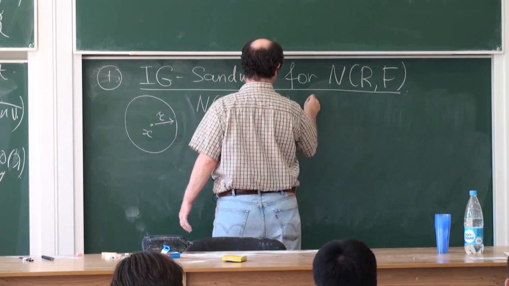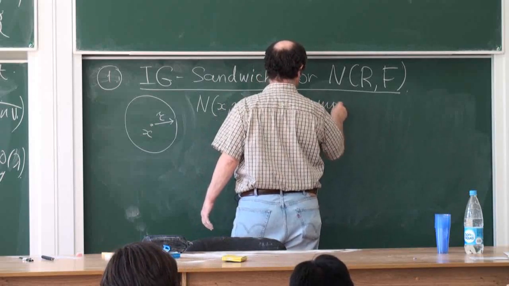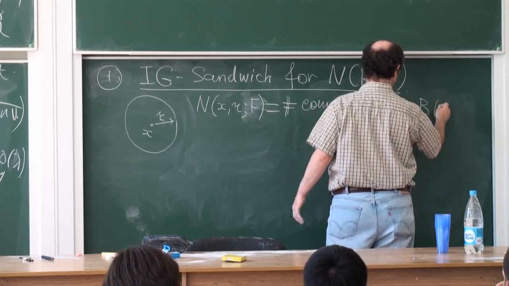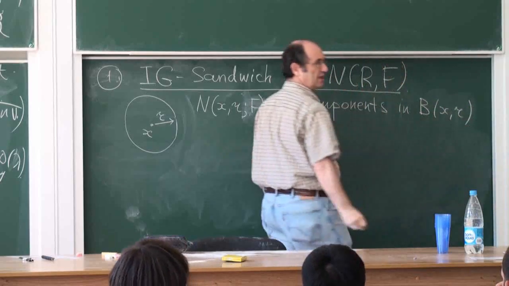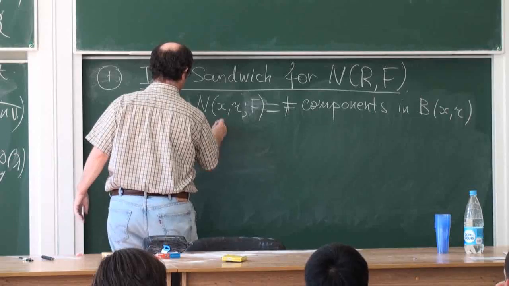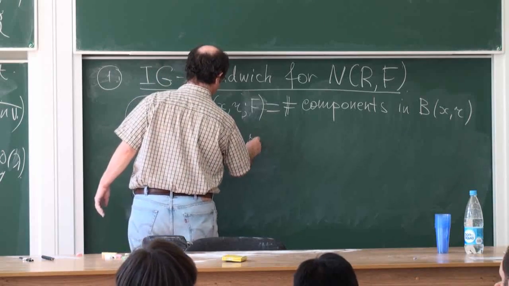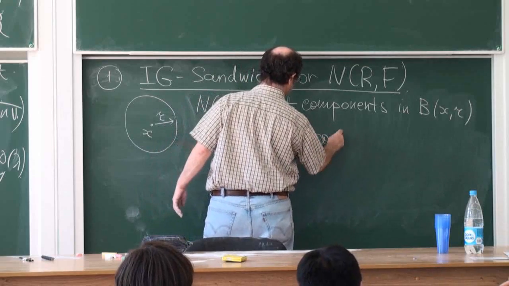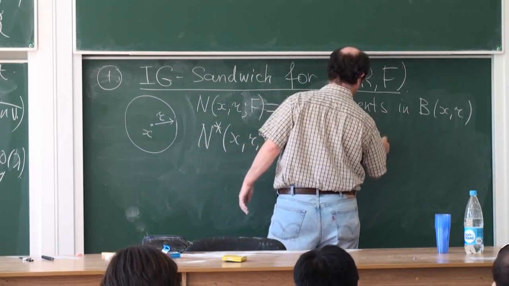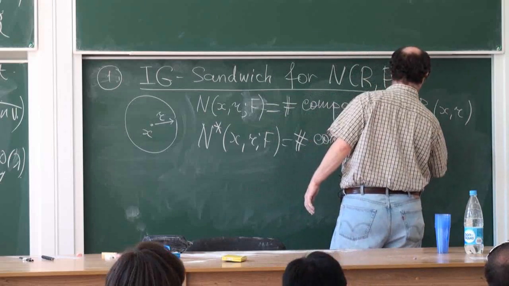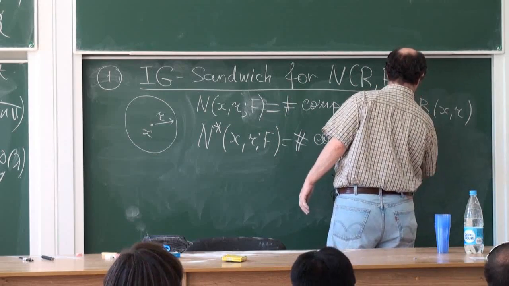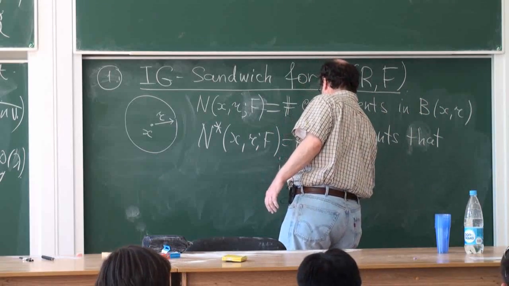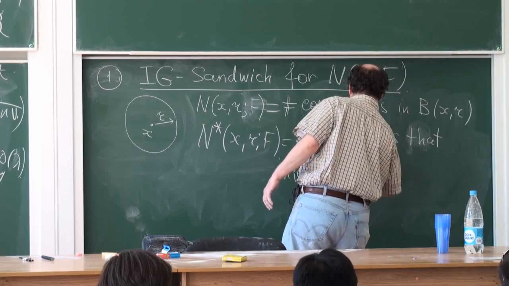This is the number of components in this ball which are strictly inside the ball, and n star of x r f is the number of components that intersect the closed ball.